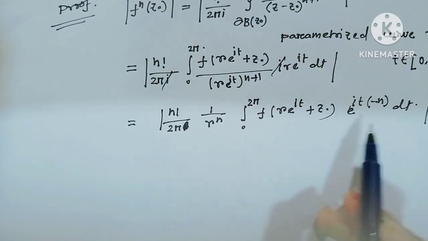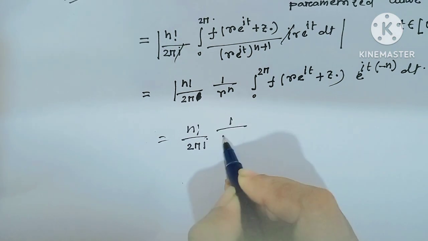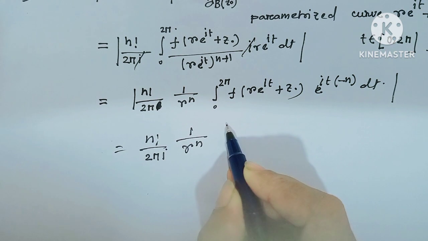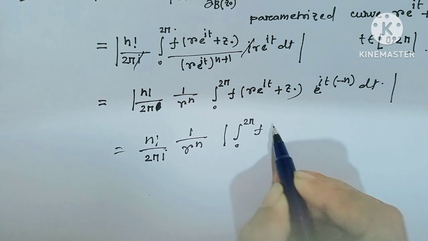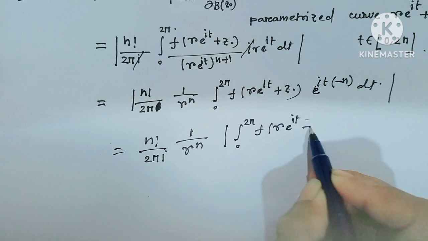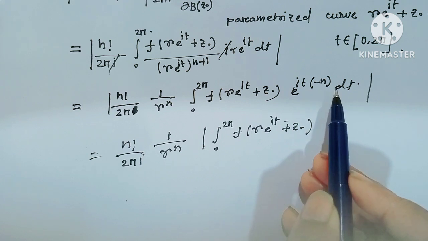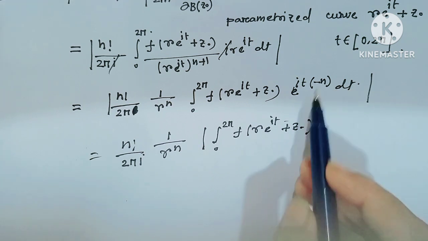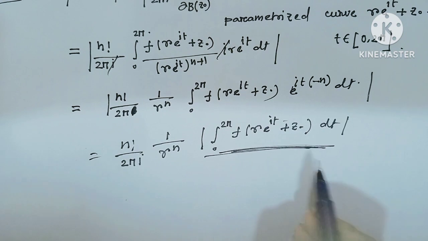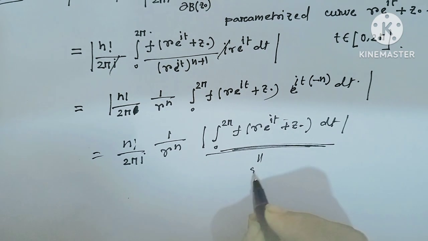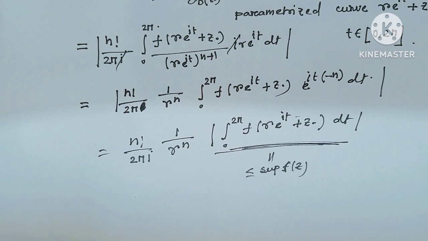So here, taking the absolute value, n factorial over 2π we just pull out of the absolute value, and here 1 by r to the power n, then use the absolute value inside the integration from 0 to 2π of f(r e^{it} + z0), and we all know the absolute value of e^{-int} is 1, so here dt, and this value is always less than or equal to the supremum of f(z).